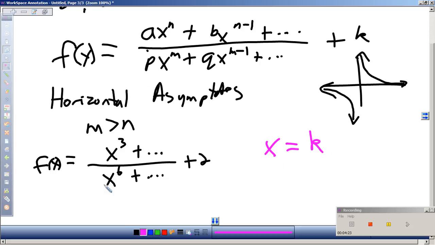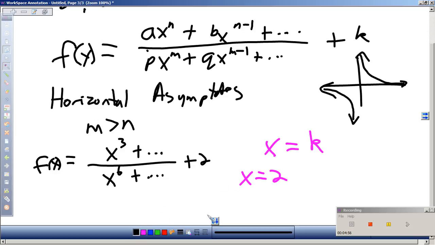That is if the power on the bottom is bigger than the power on top. So in this case, with this function right here, it is y equals 2. We have a horizontal asymptote at y equals 2. Anybody question on that? Fairly clear?